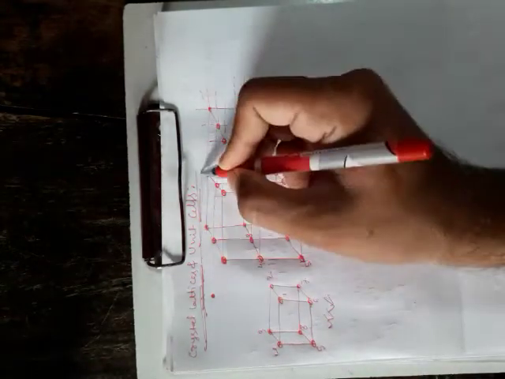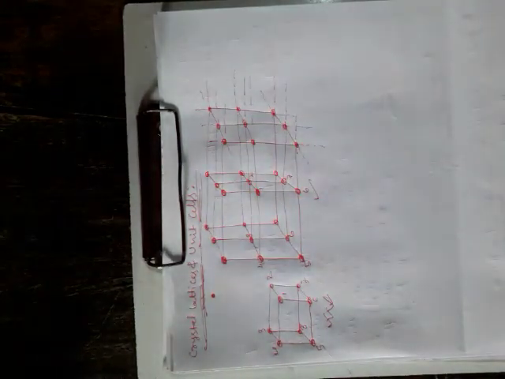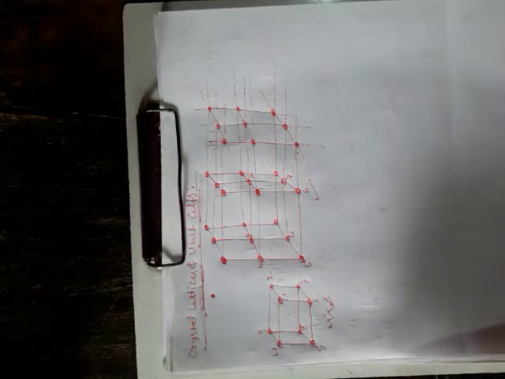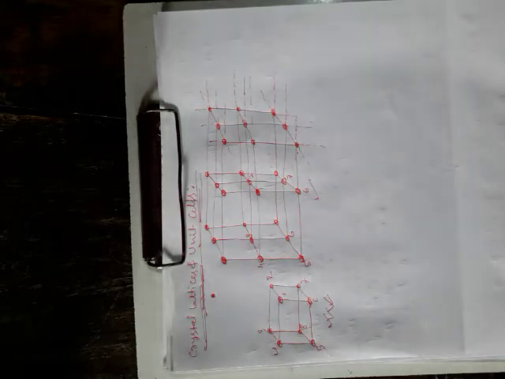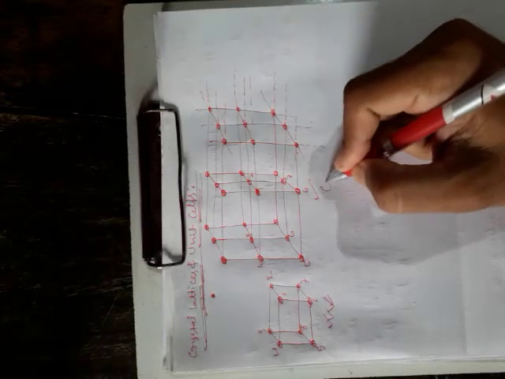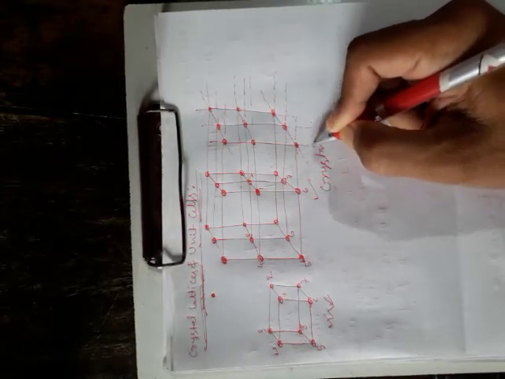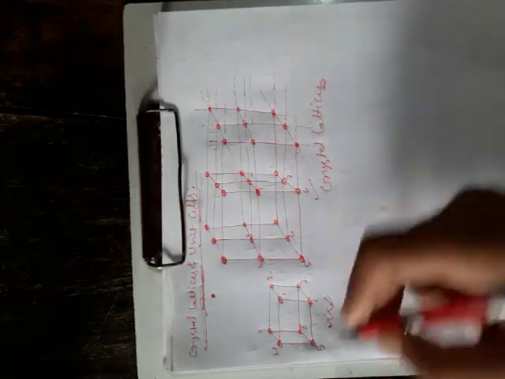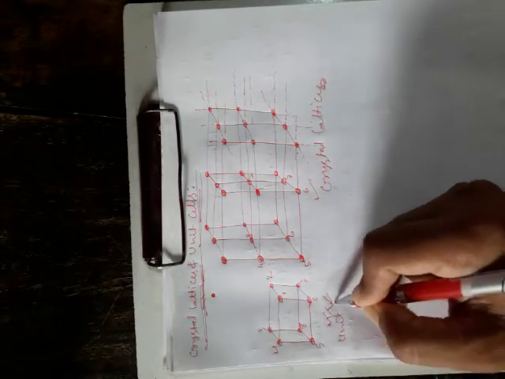So the unit cell may be defined as the small fraction, that is, a small part of the crystal lattice which is regularly repeated to form the crystal lattice. This is the crystal lattice, and this is the unit cell.